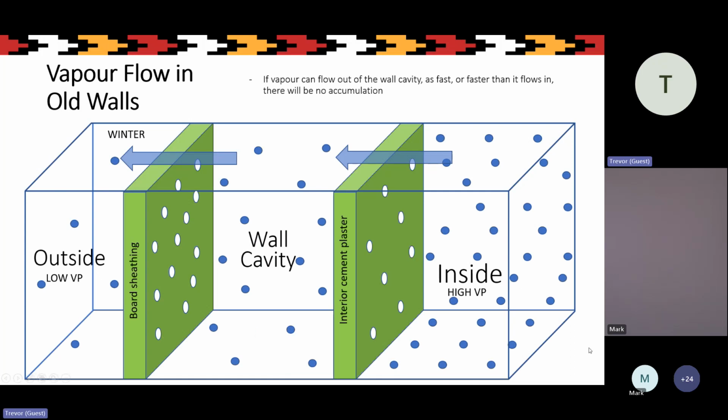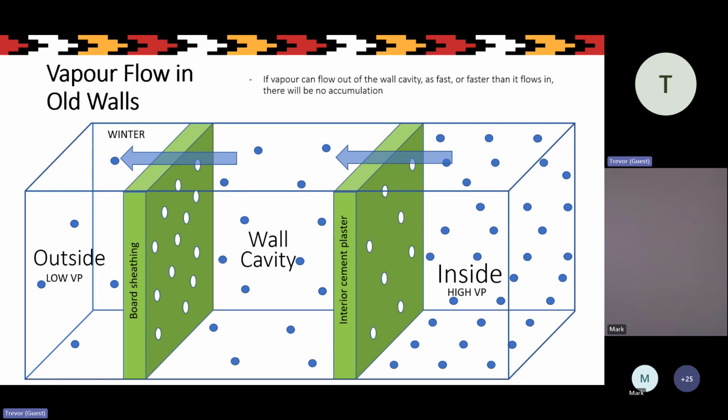Now let's look at what I have at my house. I have a 100-year-old house, but it's not brick like that. I have a cavity wall with brick on the outside, interior cement plasterboard on the inside, and board sheathing on the outside. If you've never seen board sheathing, it's literally boards.